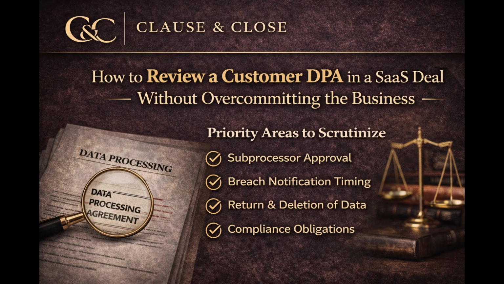That matters because many customer DPAs are drafted on the assumption that the vendor is a pure processor for everything. That is often directionally true in SaaS, but not always completely true. And if legal accepts that framing too broadly, the company can end up contractually mischaracterizing activities that should be treated differently.